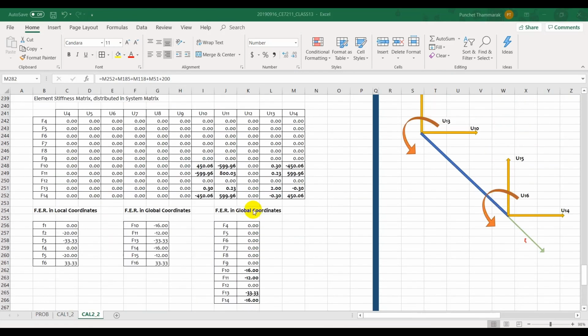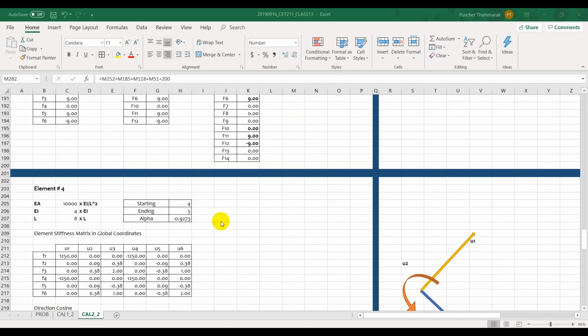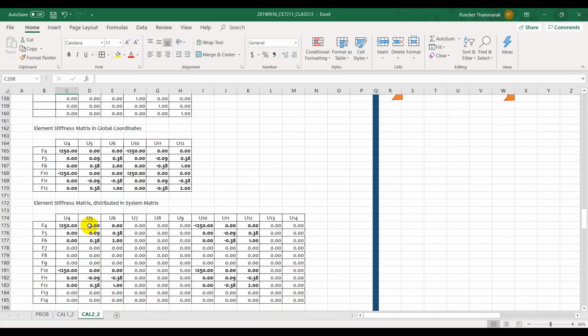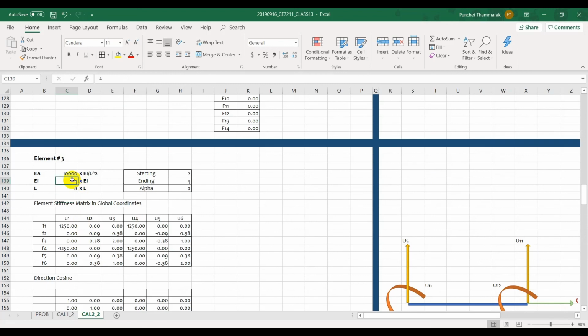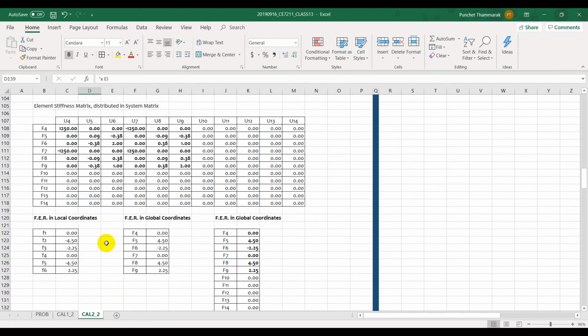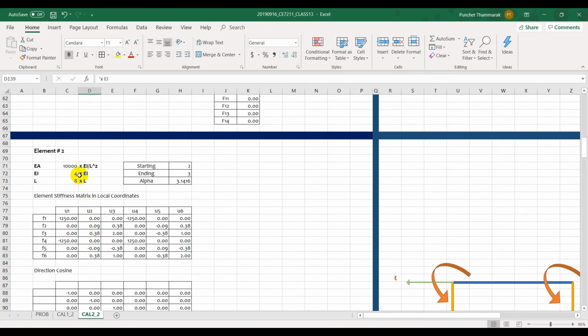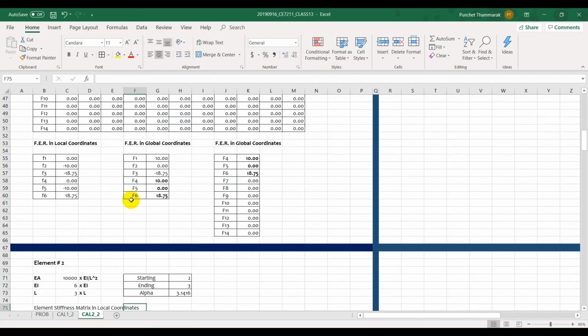We have to come back here. I think the EI here is 8. This is 10. I haven't fixed all this. How about this one? This is supposed to be 6. Okay. This EI is 6 and the length is 3.